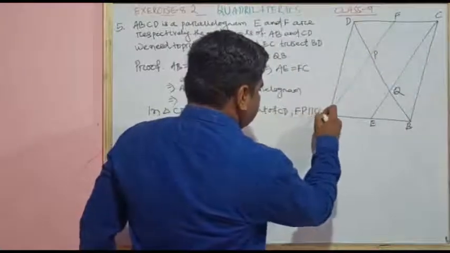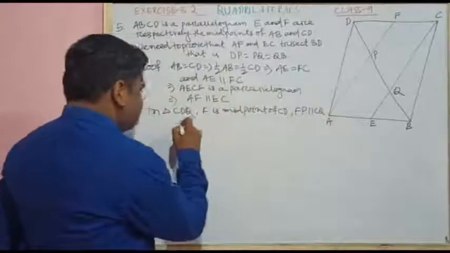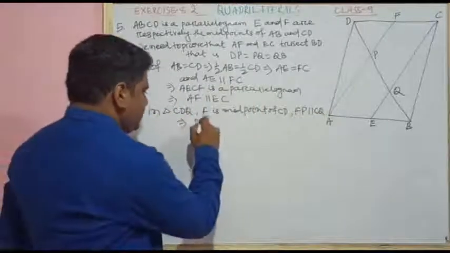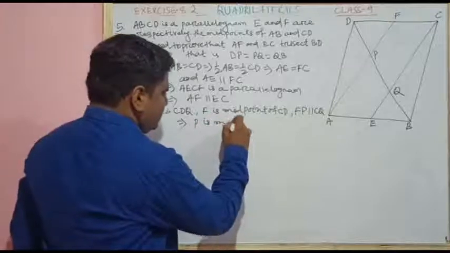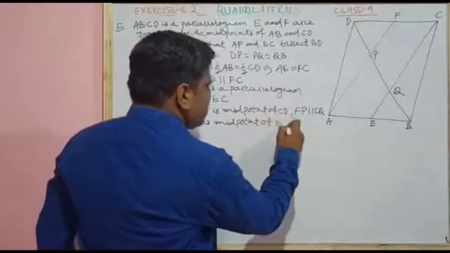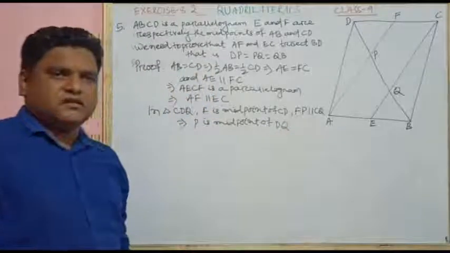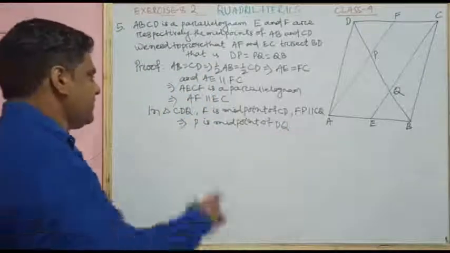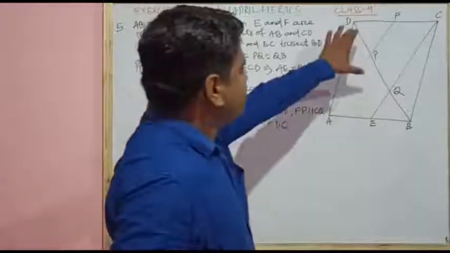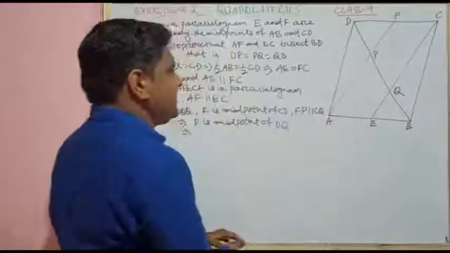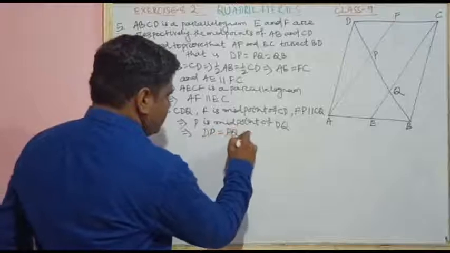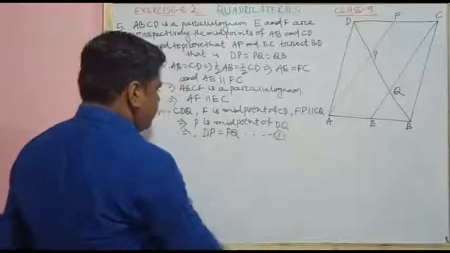Hence, P is also the midpoint of DQ. This is from the converse of the midpoint theorem. If P is the midpoint of DQ, then we can write DP is equal to PQ. Let it be equation 1.